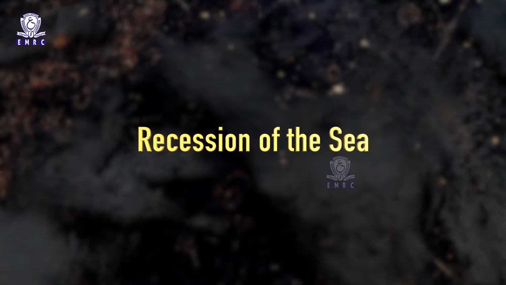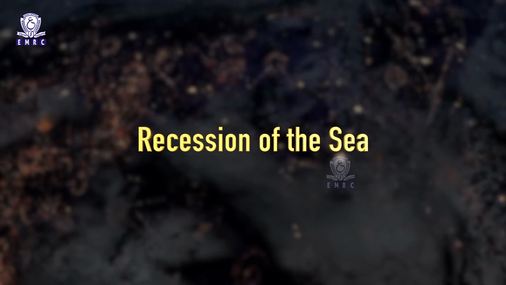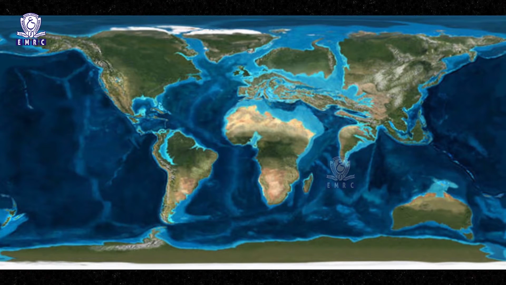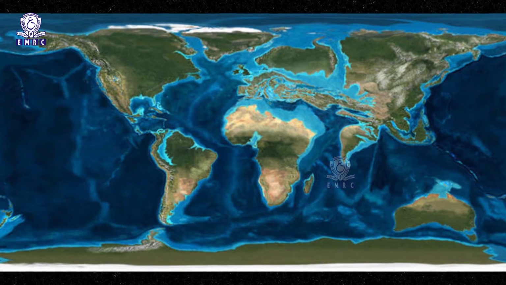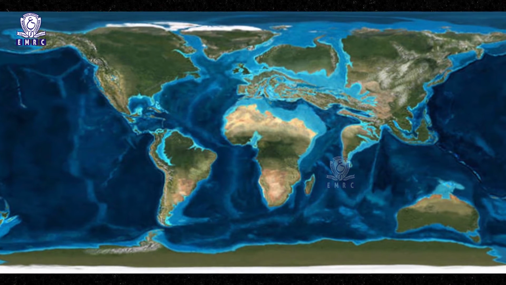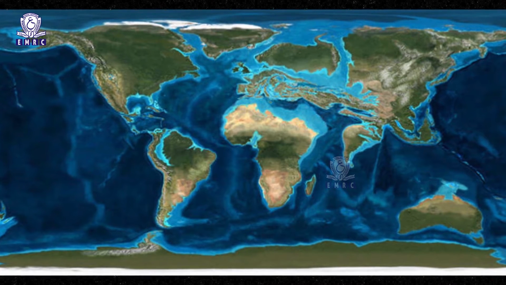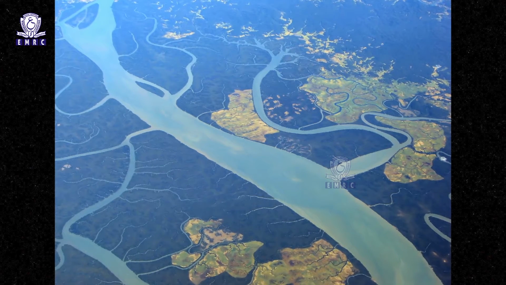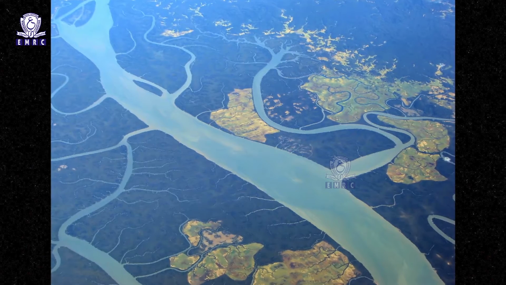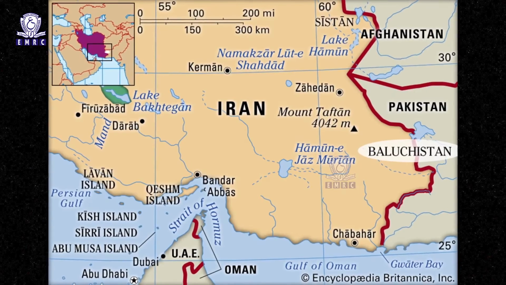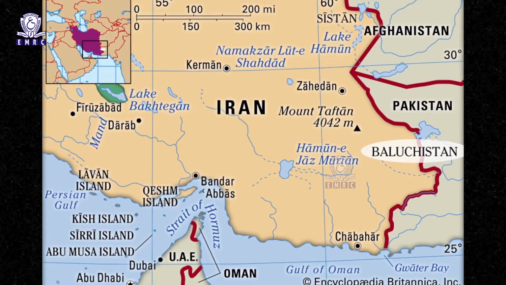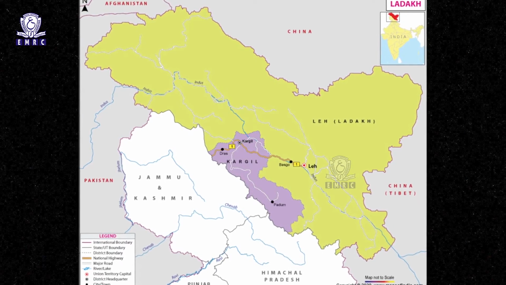The next theory, which tries to explain the plains formation, is the recession of the sea. In the opinion of Blandford, during the Eocene period, peninsular India was joined together with Africa. During that period, there was one sea extending from Assam Valley to the Irrawaddy River in the east and another from Iran and Baluchistan to Ladakh in the west.